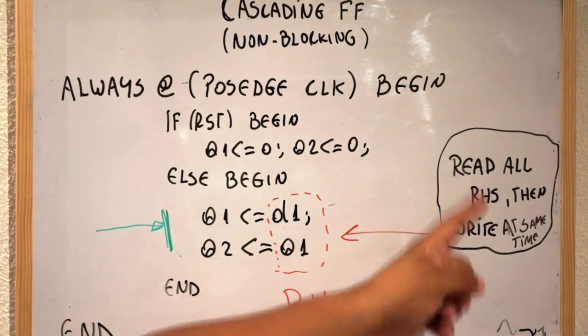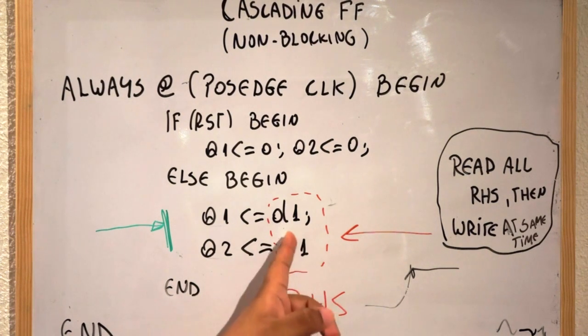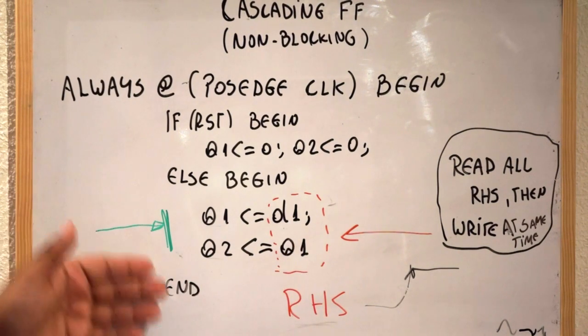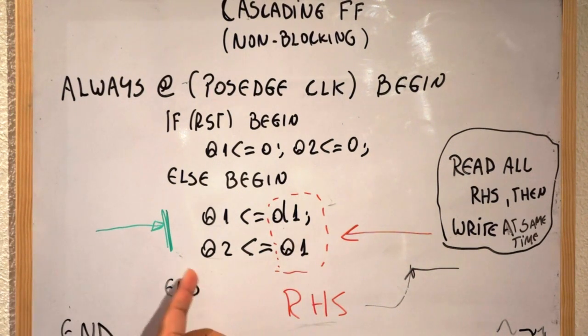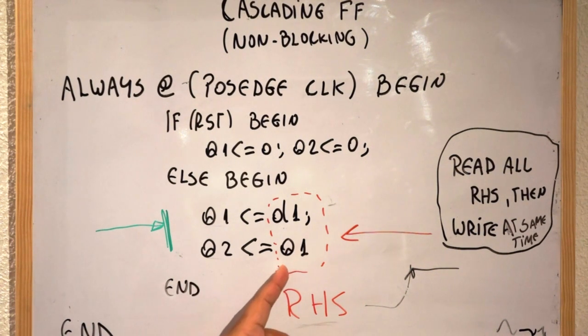We're going to read all the right-hand sides, and in the end we're going to execute all these assignments at the same time. Q1 will receive 1 and Q2 will receive 0, because 0 was the previous state of flip-flop 1 at the moment of this rising edge of the clock.